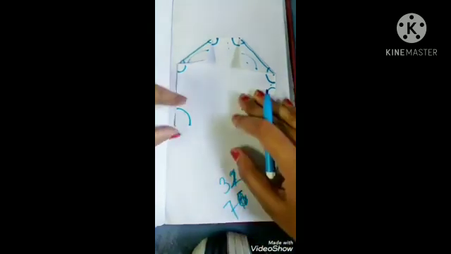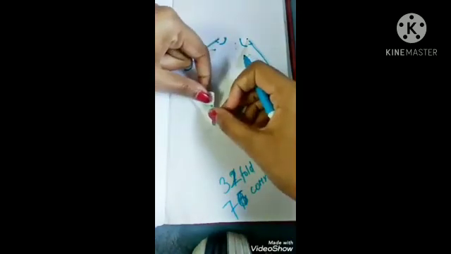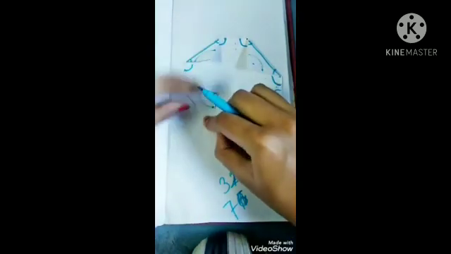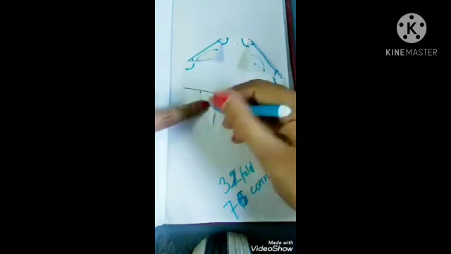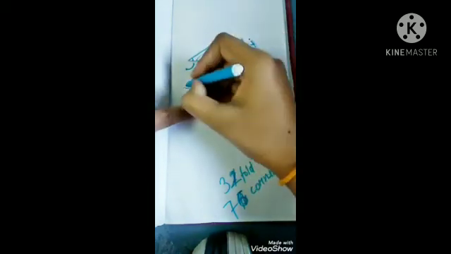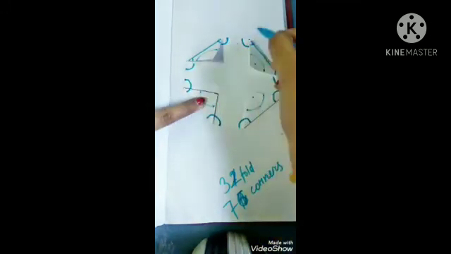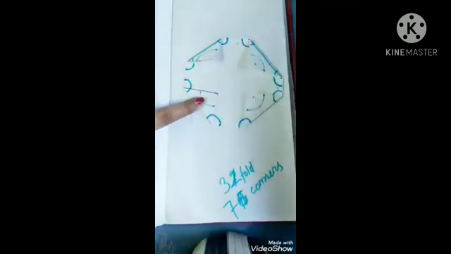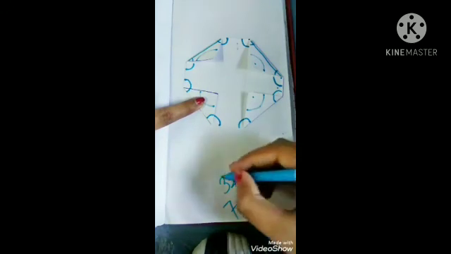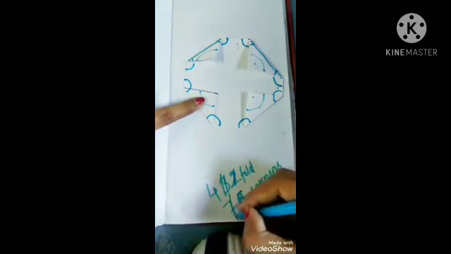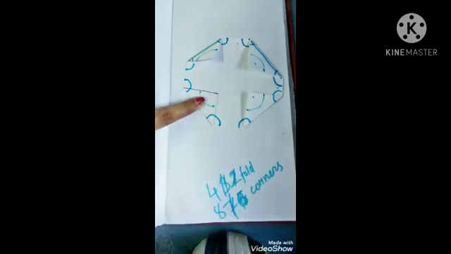Okay, and lastly if we fold this side this way, then we are getting again one corner, and here also one corner, right? So now 1, 2, 3, 4, 5, 6, 7, 8. We are getting 8 corners. So if we do 4 folds, then we will get 8 corners, right?